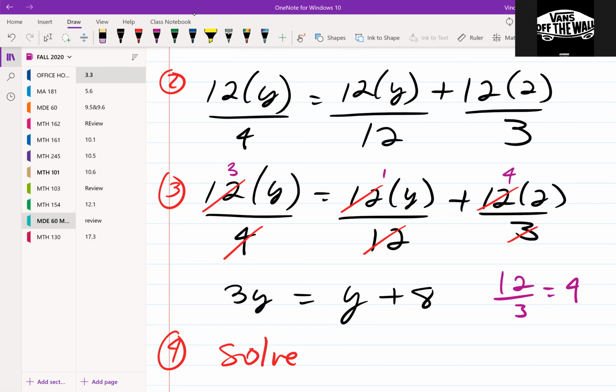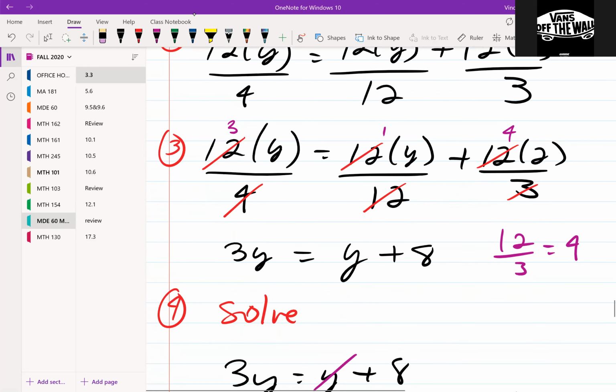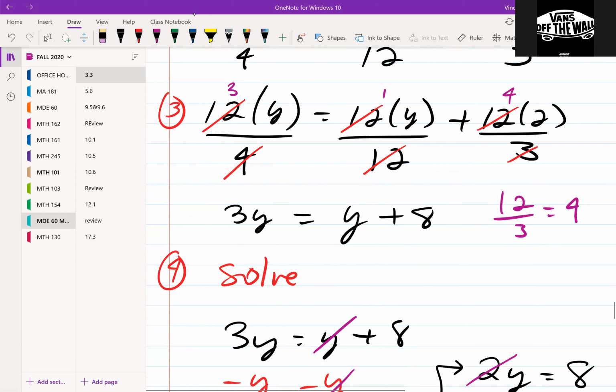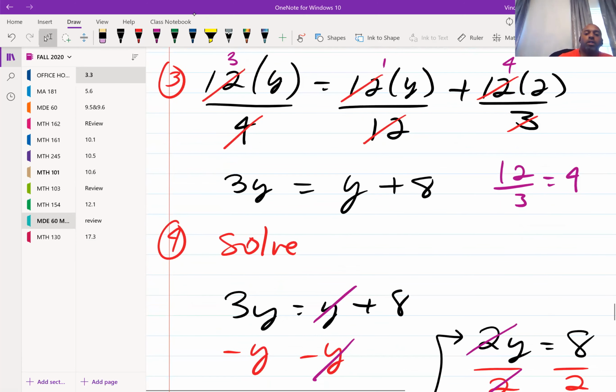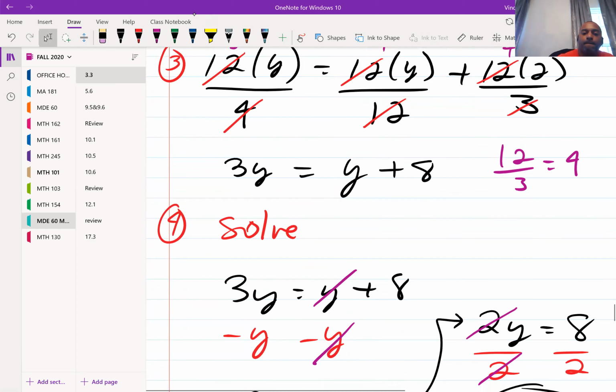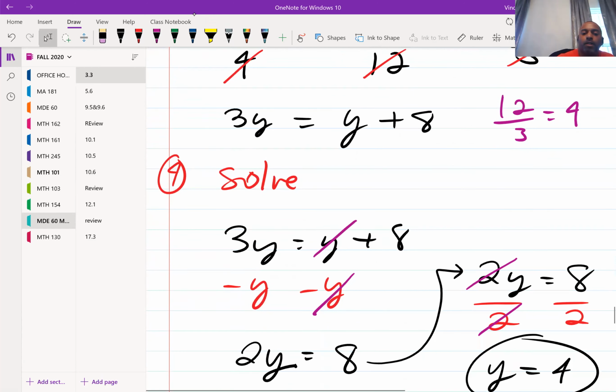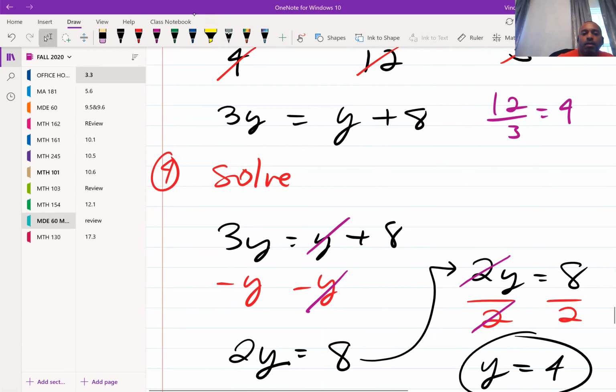Very good. All right. So subtract y from both sides. That'll leave us with 2y equal to 8.